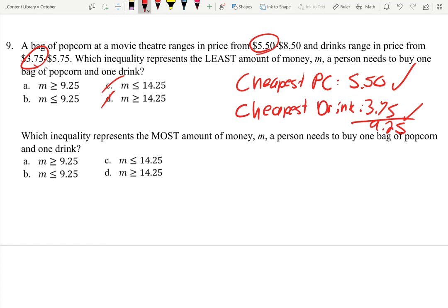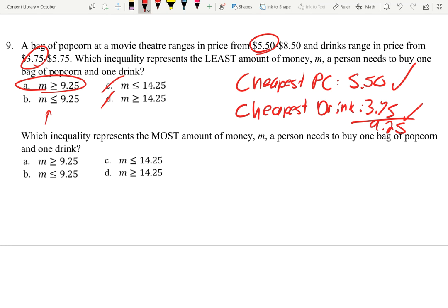So the amount of money we spend, we cannot spend less than $9.25. It's physically impossible, because if we get the cheapest stuff, then the least amount of money we can spend is $9.25. So the amount of money we could spend could be more than or equal to $9.25. So it's A rather than B, because what B says is that we could spend less than $9.25, but we can't.